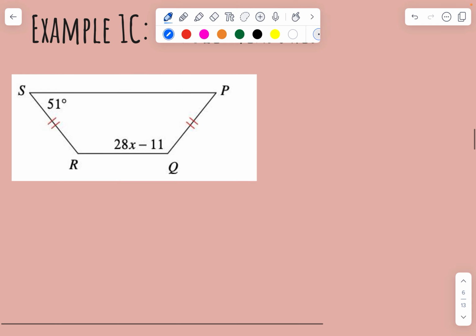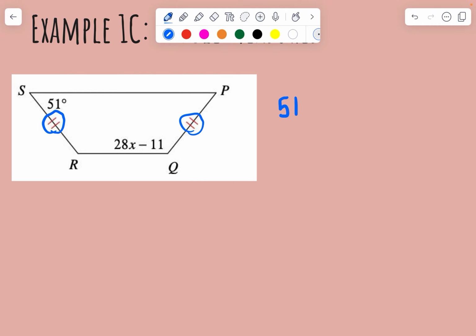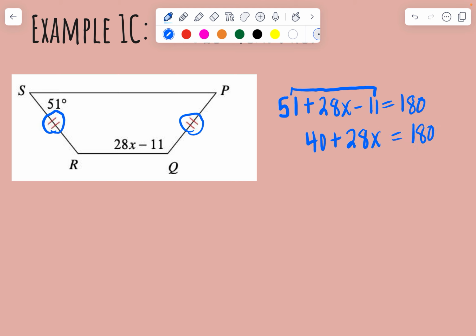We know this is an isosceles trapezoid because these tick marks show us that the legs are congruent. For an isosceles trapezoid, any upper base angle is supplementary to any lower base angle. So we can add these up to 180: 51 plus 28x, take away 11, is 180. 51 take away 11 is 40. 40 plus 28x is 180.